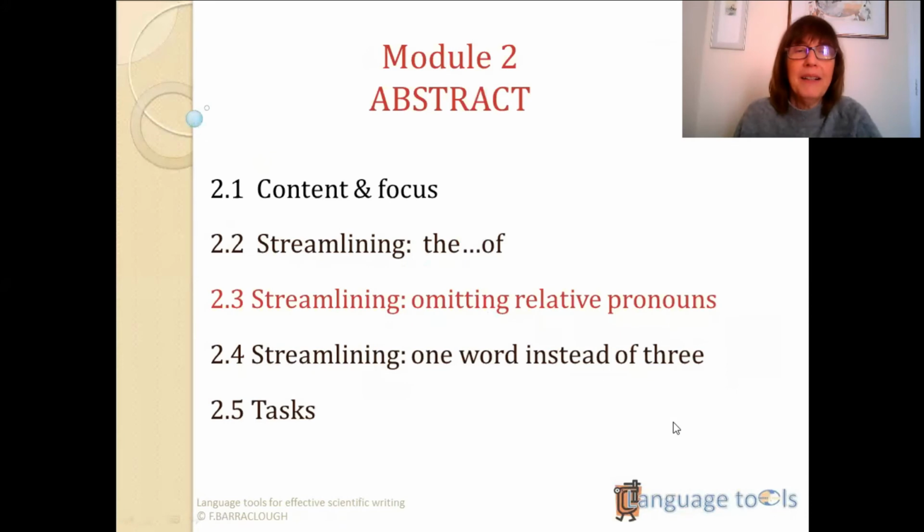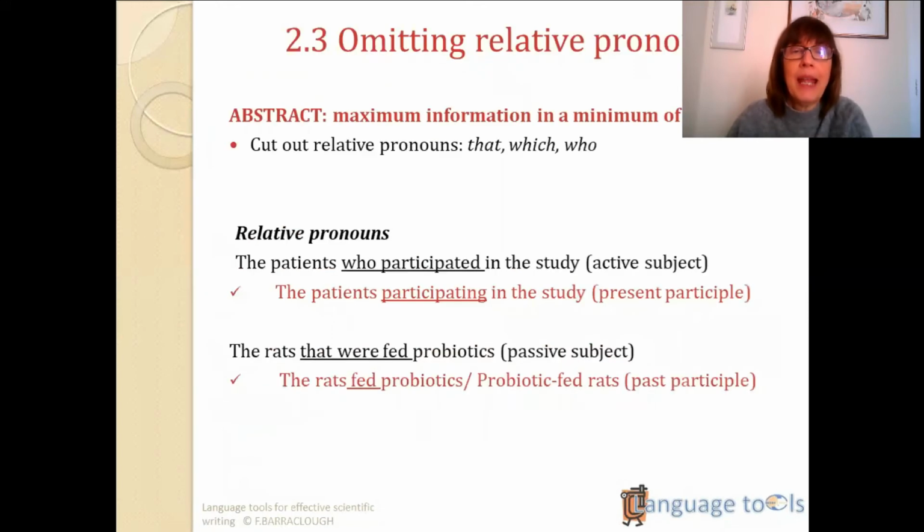Okay, so another little trick or device or tool: omitting relative pronouns. We're going to be doing a lot more work on relative pronouns in this course. This is just one specific point related to relative pronouns where we can omit them, okay?